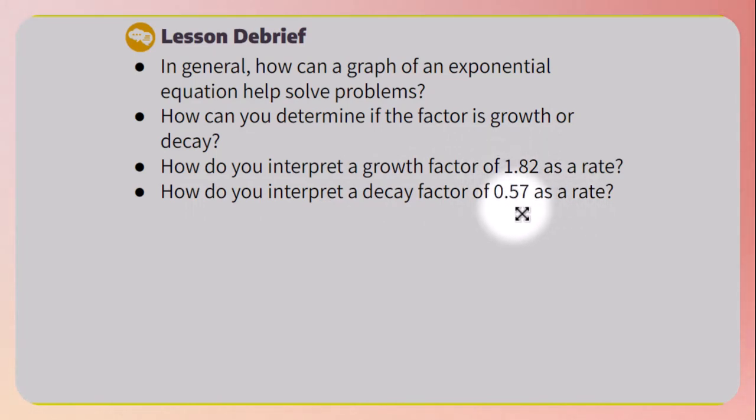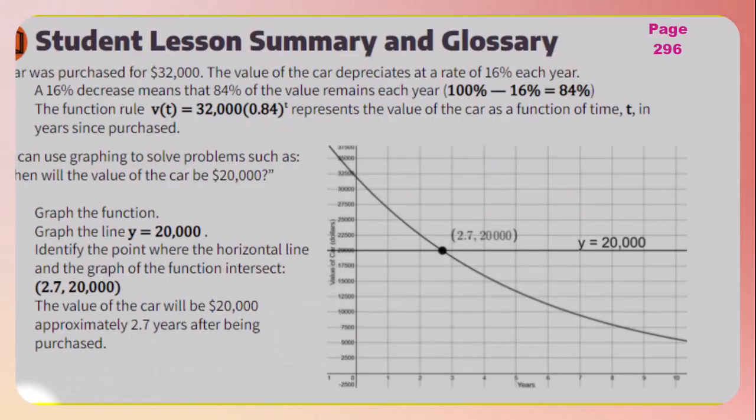We're going to subtract that from 1. Again, especially with decay, go through the summary glossary and focus on the examples. Look at the graphs. The more you go over this, the more familiar and ready you'll be for your test on Wednesday.